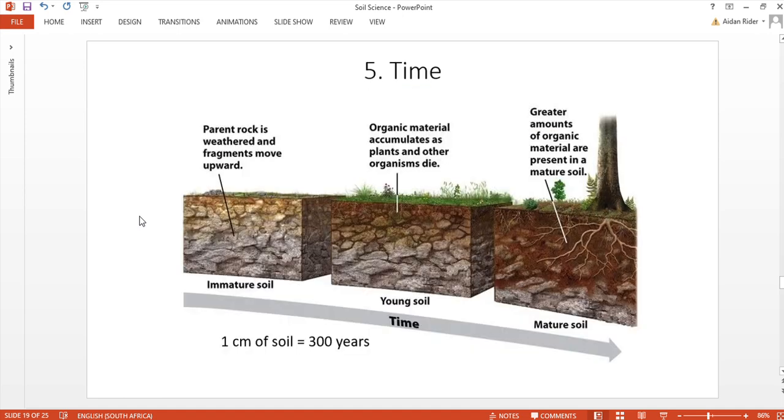Then our last factor is time. So soil forms faster in tropical climates than in drier temperate climates. So the hotter and the wetter it is, the quicker sand or different soils can form. So basically what you have, like in the previous picture, is parent rock that is weathered and fragments move upwards.